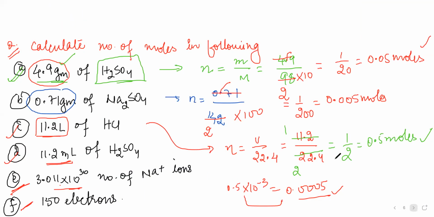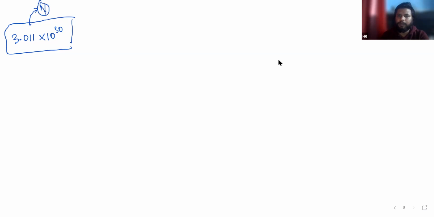Okay, just see E. This is given in E, 3.011 into 10 to the power 30, and it represents number. So we will apply the formula of number of moles for number of particles. What is the number of particles given? 3.011 into 10 raised to the power 30.